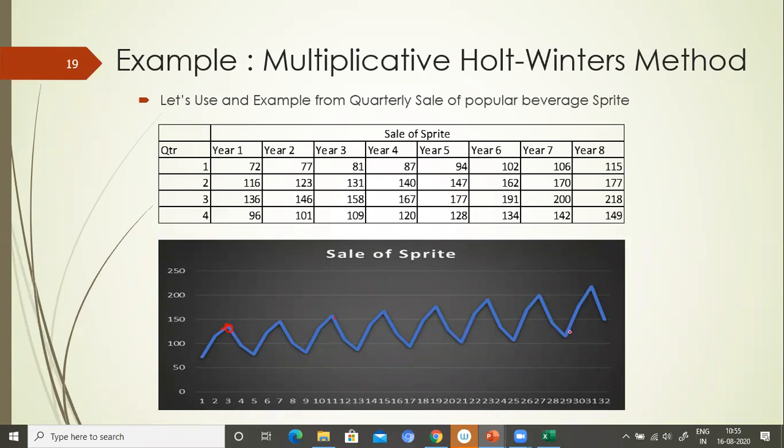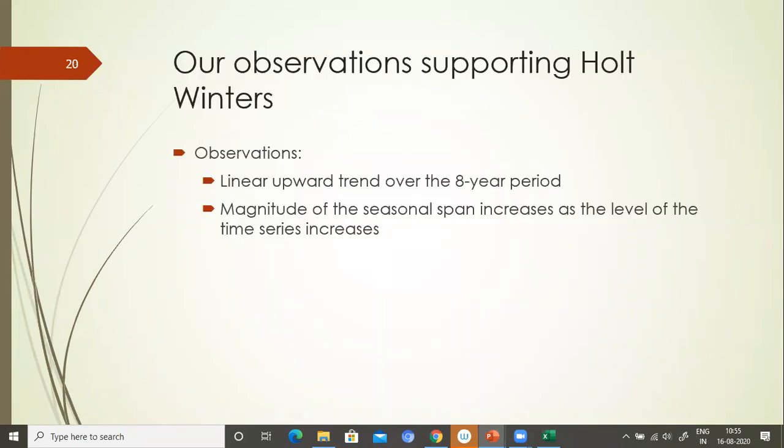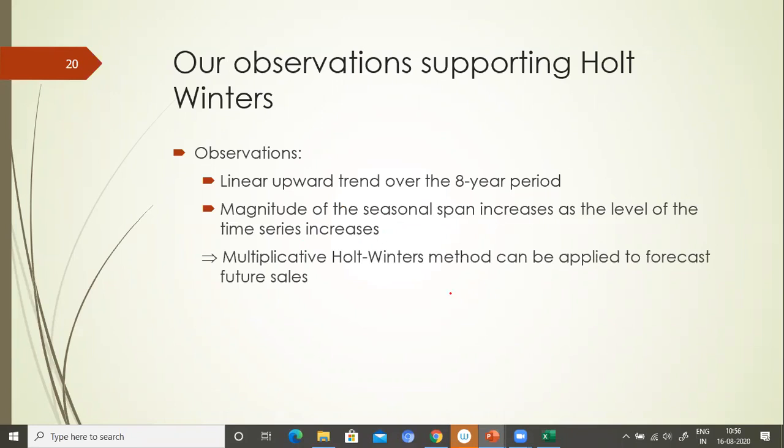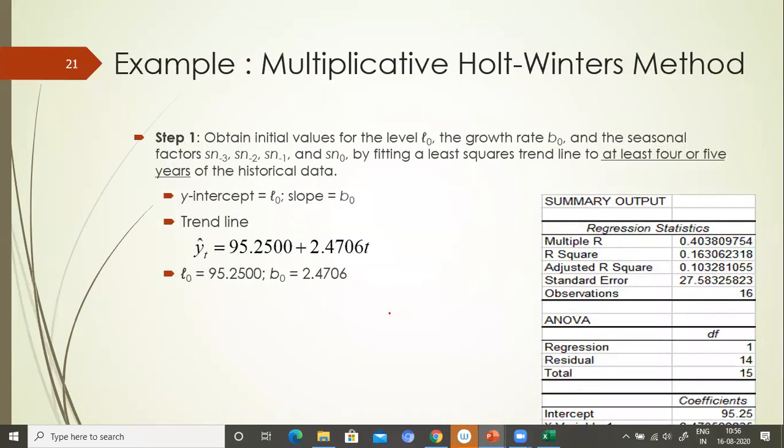So as time progresses, it looks like you can expect the impact of seasonality to be much more than what it used to be 8 years before. Now, because of this, we can say that the magnitude of seasonal span increases as the level of the time series increases. Multiplicative Holt-Winters method can be applied to forecast future sales in this case.